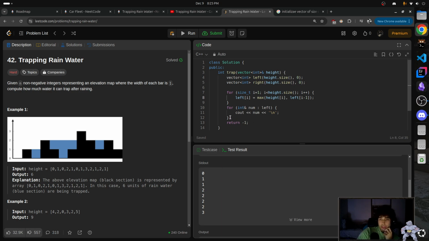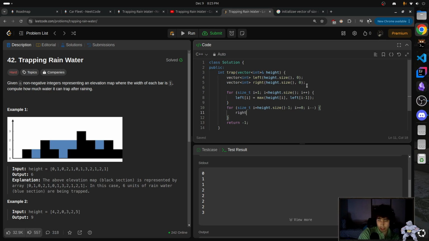Okay, and then now I need to do this same thing, but for size_t I is equal to height dot size minus 1, I is greater or equal to 0, I minus minus.